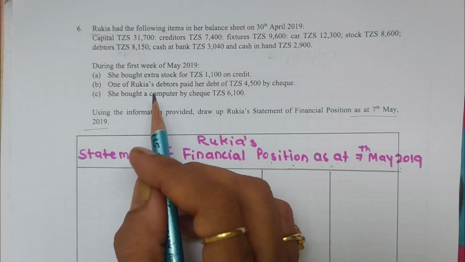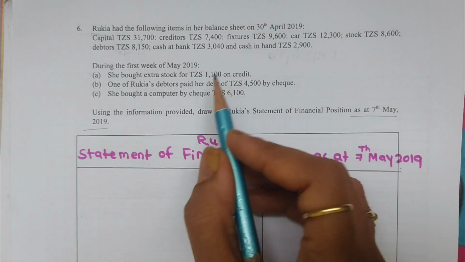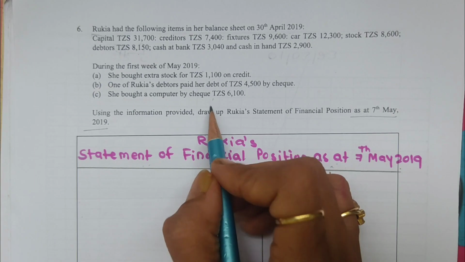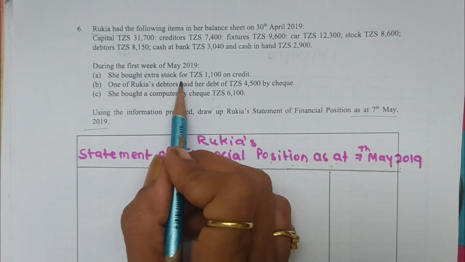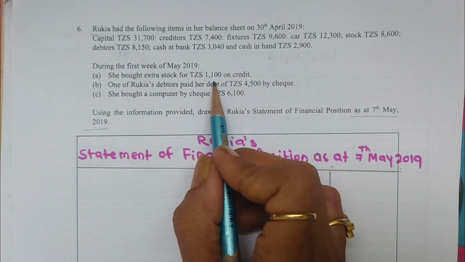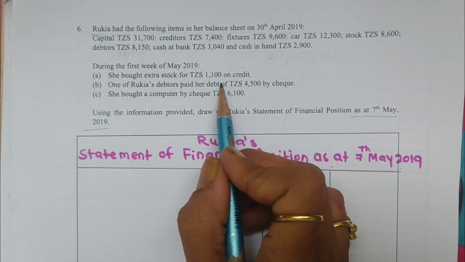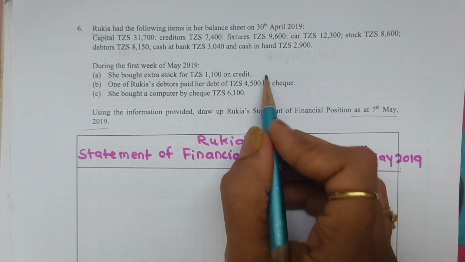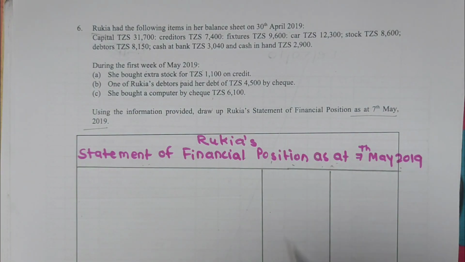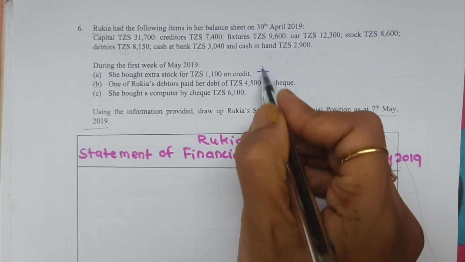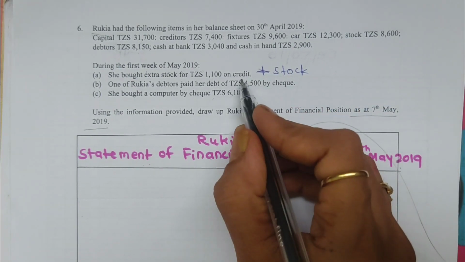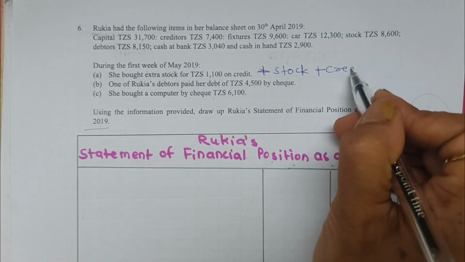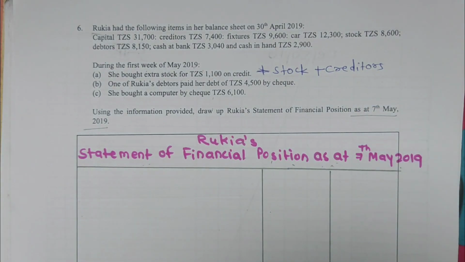Okay. Now before starting, we should see what is the adjustments given over here. So here it is given during the first week of May 2019. She brought extra stock for Tanzanian shillings 1100 on credit. So when she brought extra stock, the effect is we have to add in stock, so plus in stock, and as it is on credit, our creditors will also increase by that amount.